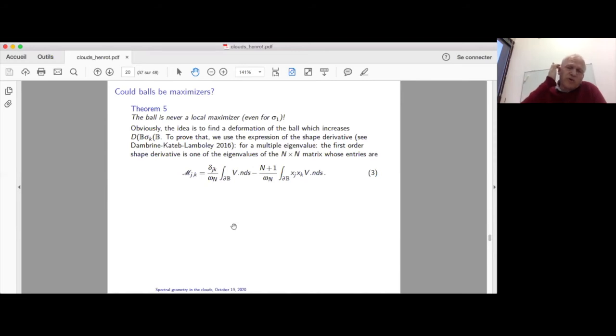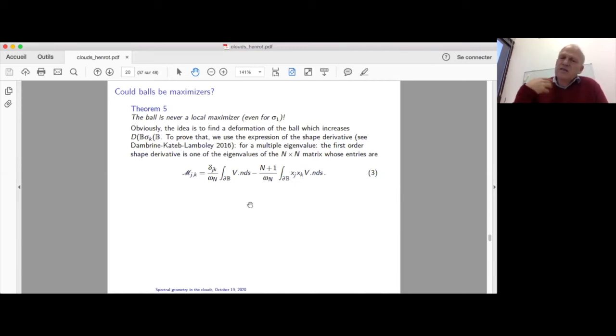So for that purpose, we use the shape derivative of the Steklov eigenvalue. In the case of the ball, it's simple to write because the eigenfunctions of the ball are explicitly known. So for example, here I wrote the shape derivative in the case of sigma 1, where we know that the eigenfunctions are the coordinates.